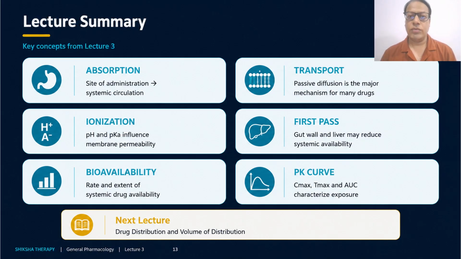Also dosage form, drug and drug interactions. इसमें याद रखना है same pH, more absorption. First pass metabolism in the gut wall and liver may reduce systemic drug availability. Bioavailability describes the rate and extent of drug reaches into the systemic circulation in unchanged form और कह सकते हैं in active form. And finally Cmax, Tmax and AUC are important parameters used to characterize drug exposure.